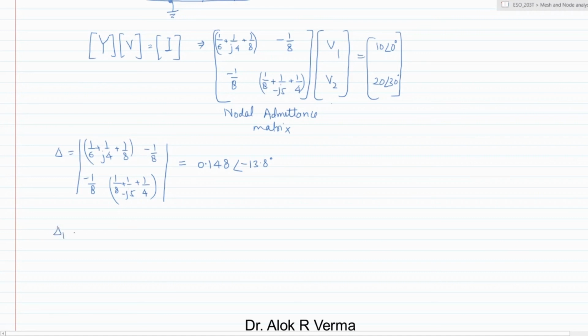Now del 1 is nothing but, you can assume, 10 angle 0 and 20 angle 30. This is 1 by 8, right, and then 1 by 8 plus 1 by minus j5 plus 1 by 4. And if we solve it, this is going to be 6.748 angle of 28.78.